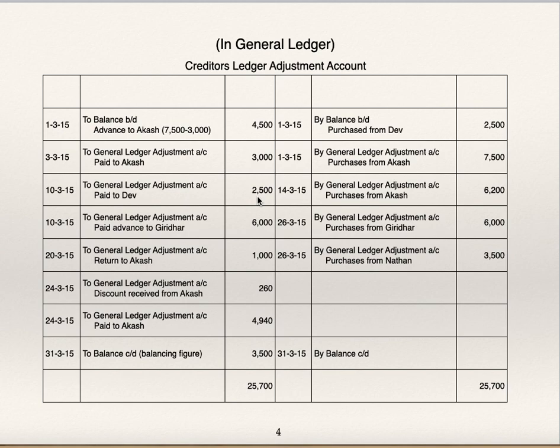As the purchases were made in Feb, at the beginning of the month March this was outstanding. So it is to be shown as opening balance, 1st of March, by balance brought down, purchase from Dev 2,500. In the month of February, purchases were made from Dev on credit and payment is made now.